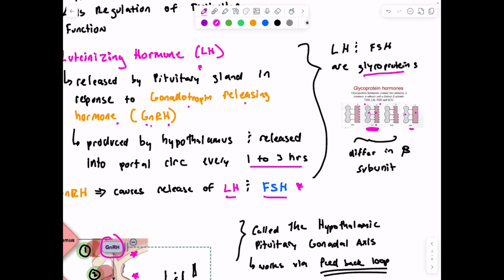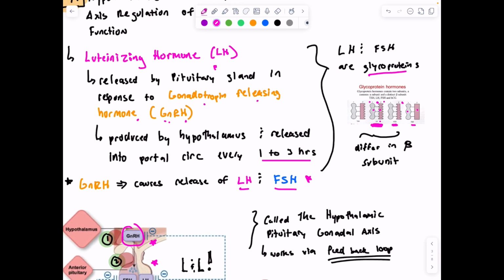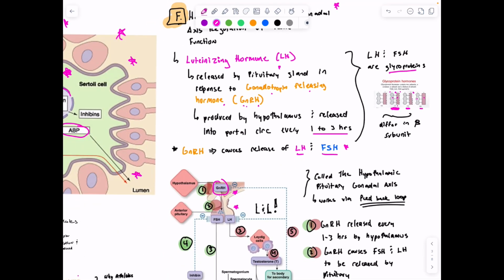But luteinizing hormone goes away after an initial spike for women, but the corpus luteum can be maintained by HCG from the placenta. And notice how HCG looks a lot like LH, right? The beta subunit is basically the same. Slightly different, but close enough that it can do the same job.